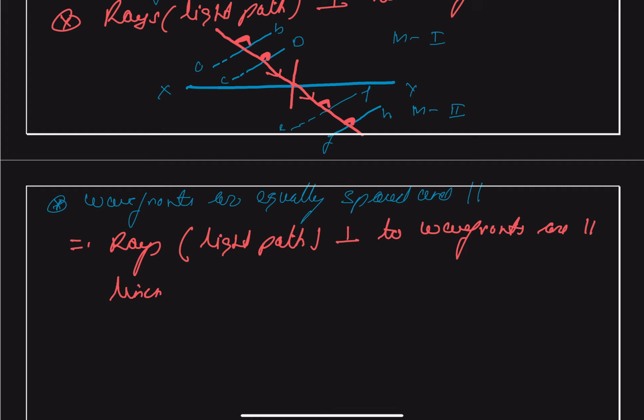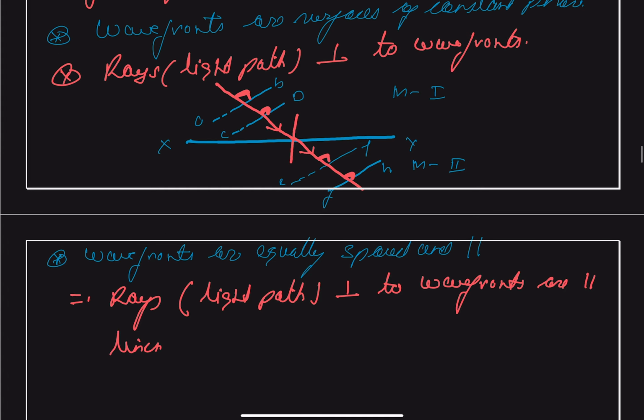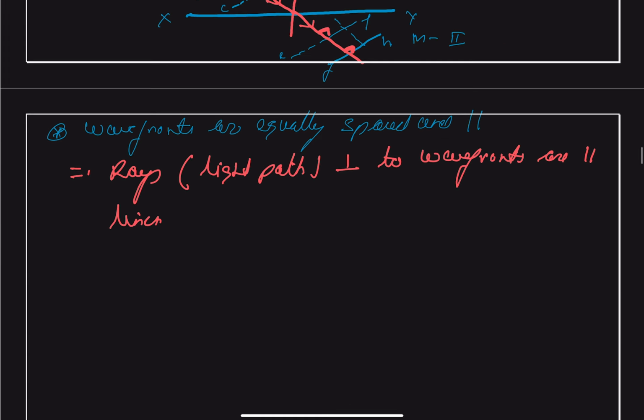So if I draw another ray path, this will be parallel once again, and here it is also going to be parallel with a different normal, but they will be parallel with each other. So we can say that these will be acting as a parallel beam of light. This indicates a parallel beam of light.